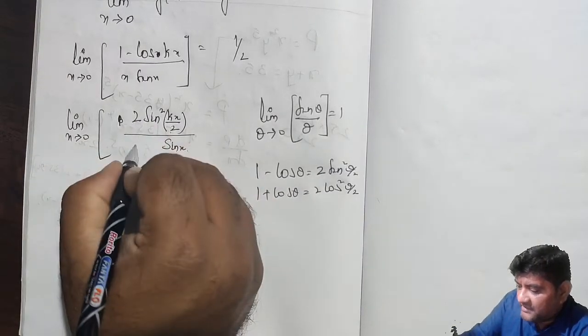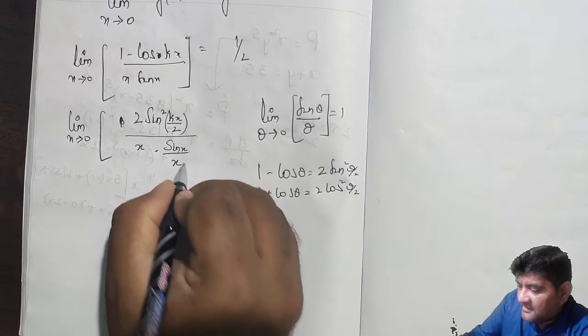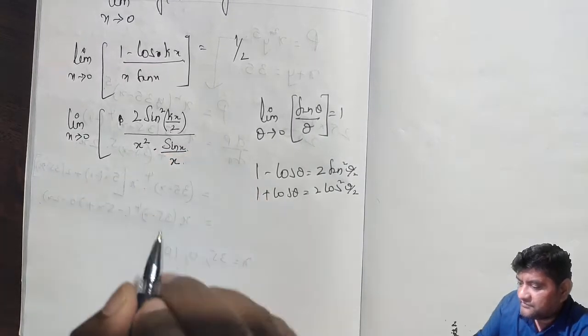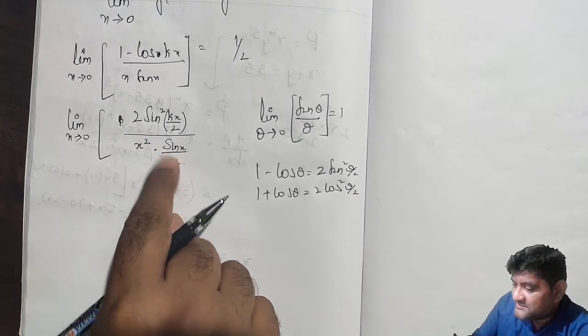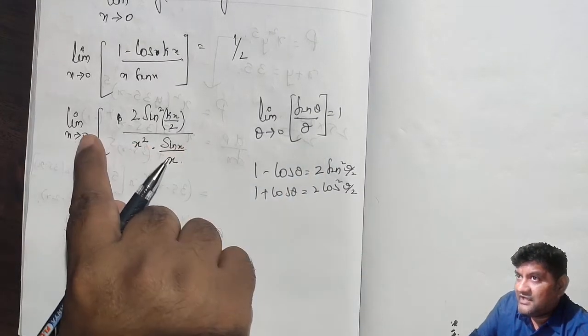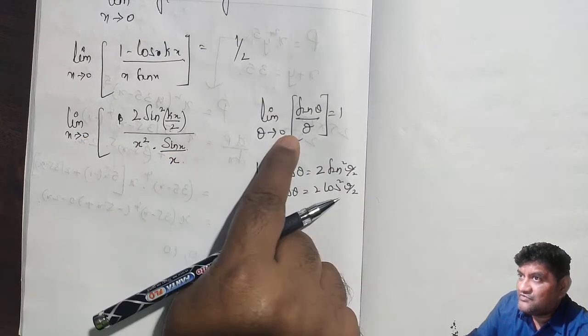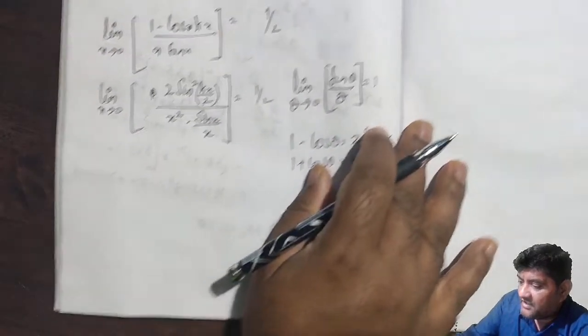I have an x over here. I'm going to introduce an x for this, and therefore I'm going to multiply it with x again, so to balance the equation. Now why am I doing this? Because I'm aiming at this equation here. So this will become a 1. Limit x tends to 0 sine theta by theta is a 1. So I can omit that. But I'm not going to do that right away.